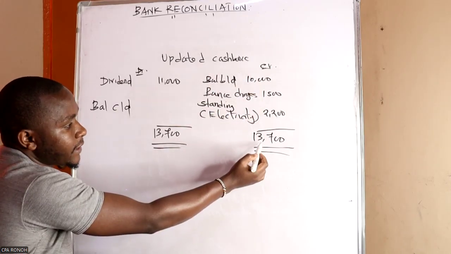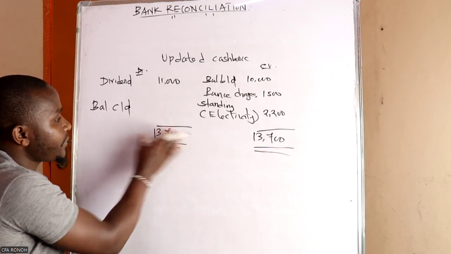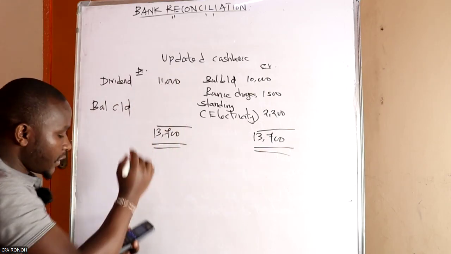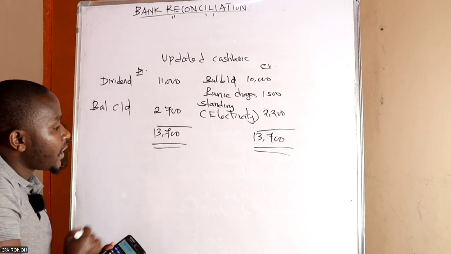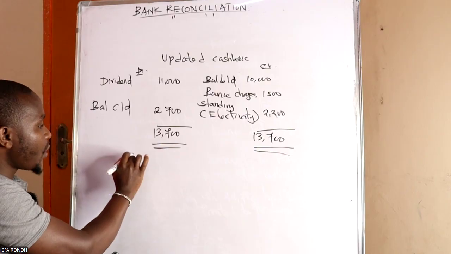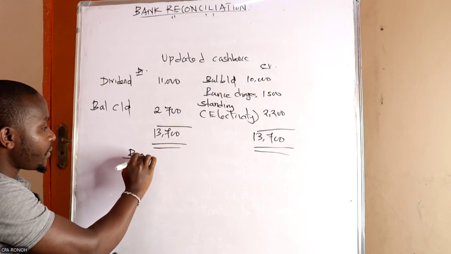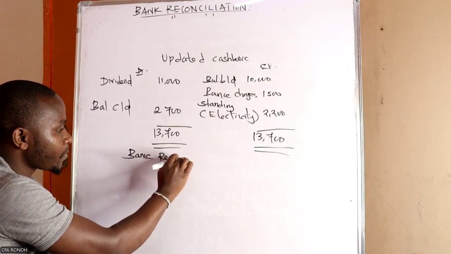The credit is 13,700, which will be the same on this side. So take this minus this to get the balance carried forward of 2,700.